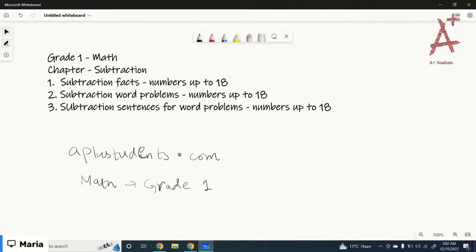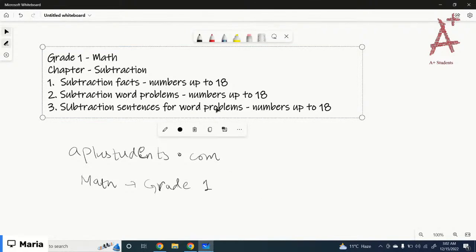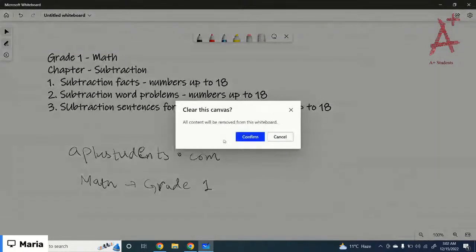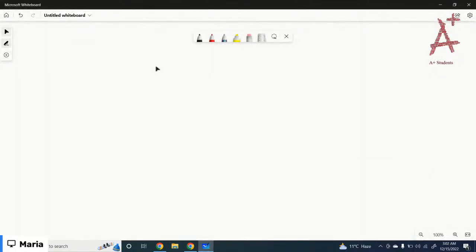So let's start with the first lesson, that is subtraction facts, numbers up to 18. Let me write down the lesson name, then we'll start. Please make sure you have your notebook and pencil so that you can note down the important examples and definitions as well. Got it?